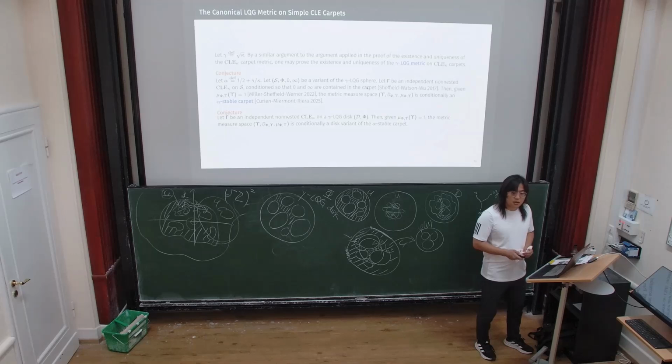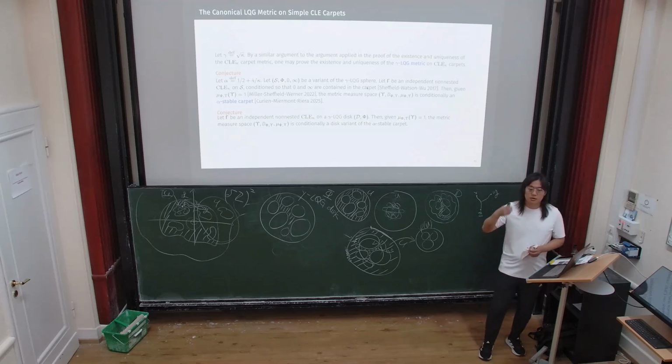Is there a version of the stable carpet with the disk, do they have something like that? Yeah, they constructed something called the stable carpet. But they don't have the disk version, right? Or does it follow somehow? They proved it for the sphere version, I think. Yeah. I think there will be a disk version.